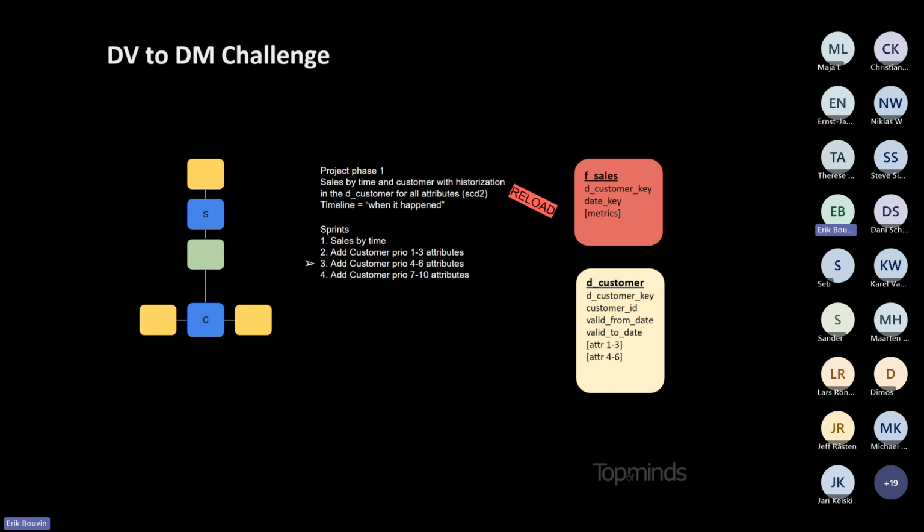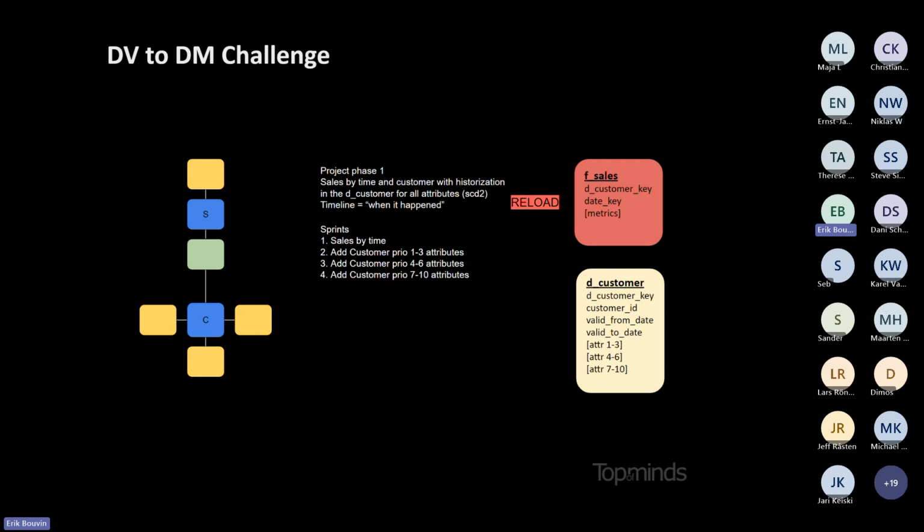So we need to reload it again. And the product owner, he doesn't understand why, because we have added the customer data before, right? But you say, well, now all the customers have a new timeline, and therefore it needs to be reloaded. And of course, it iterates again over here.